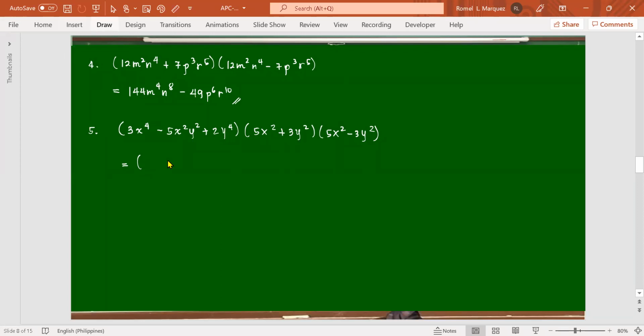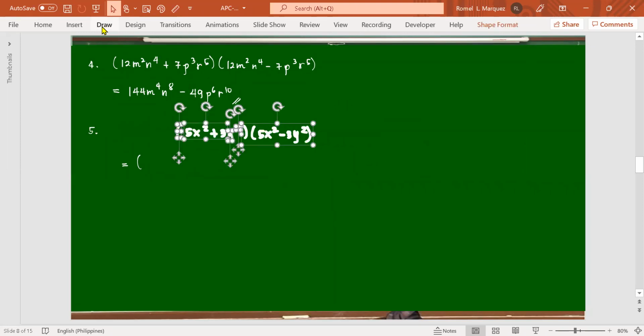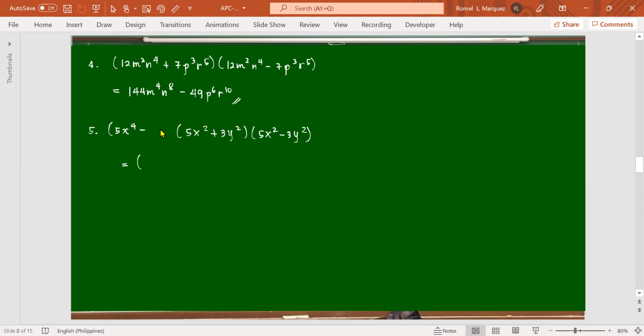Wait, I think I have to modify this. I want a special product as a result. It doesn't seem like it would be a nice special product. So 5x to the fourth minus or plus 8y to the fourth.